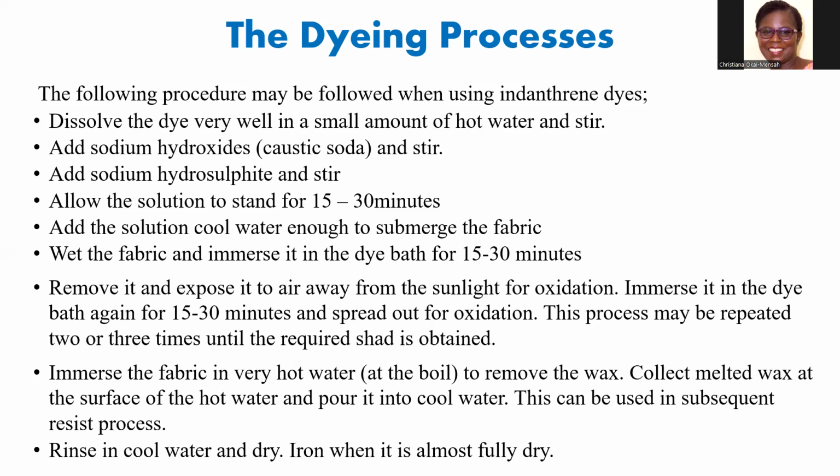Then you stir. Maybe you want to dye yellow. You put the yellow inside the warm water, you see it as yellow. You put the caustic soda inside and you stir, you see it as yellow.